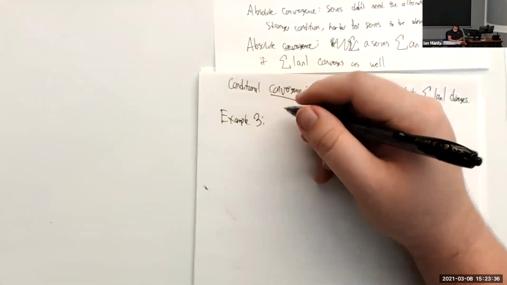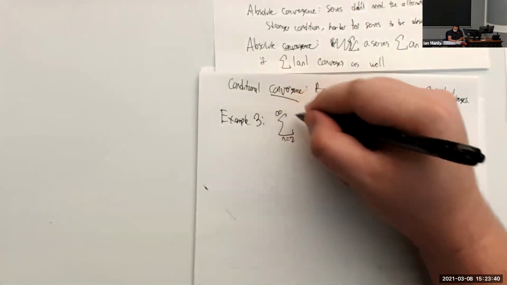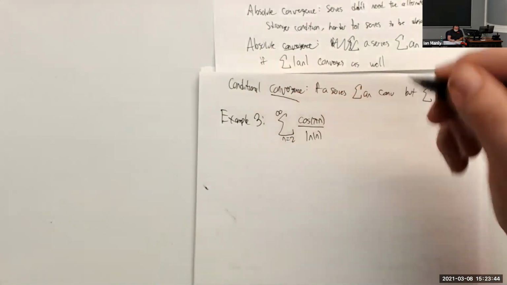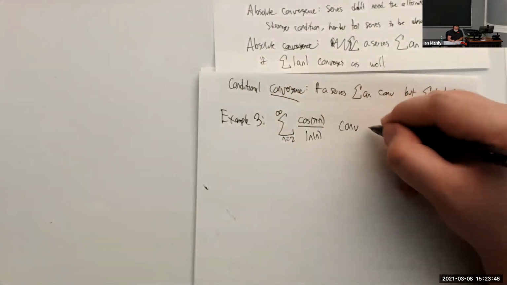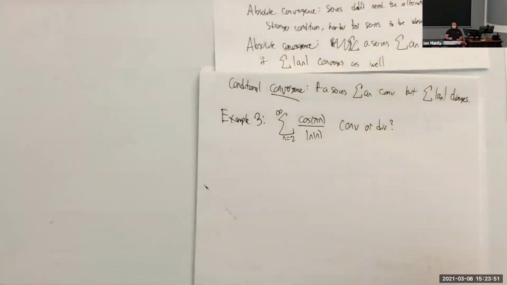All right. So first of all, we want to take a look at the series, n equals 2 to infinity, of cosine of pi n over natural log of n, and see whether it converges or diverges. Now, if it does converge, what we're going to do this time is see whether it converges conditionally, meaning it needs an alternator, or absolutely, meaning it didn't need its alternator.